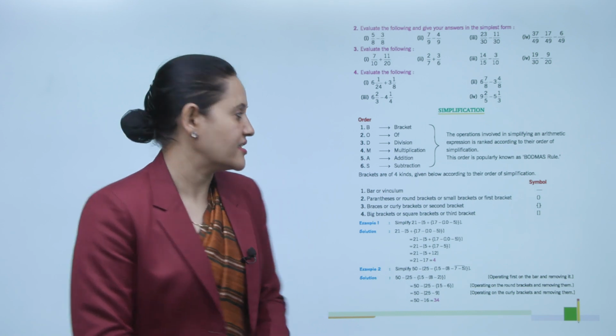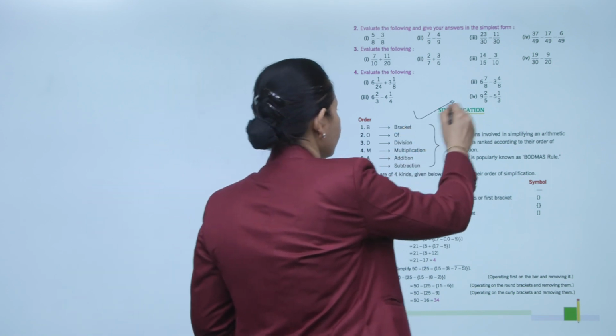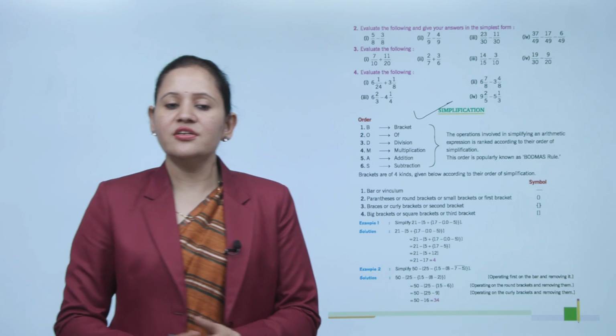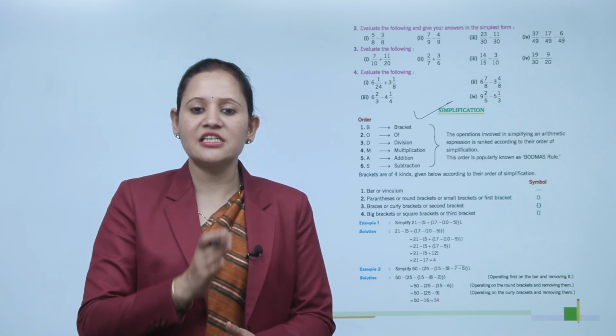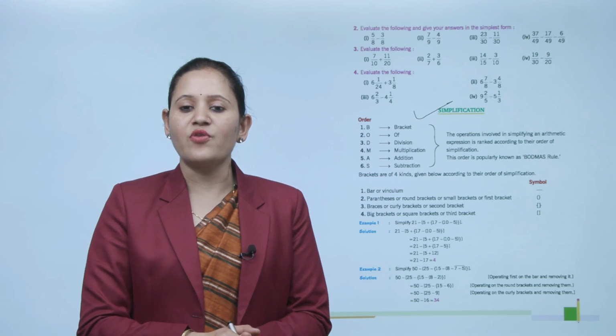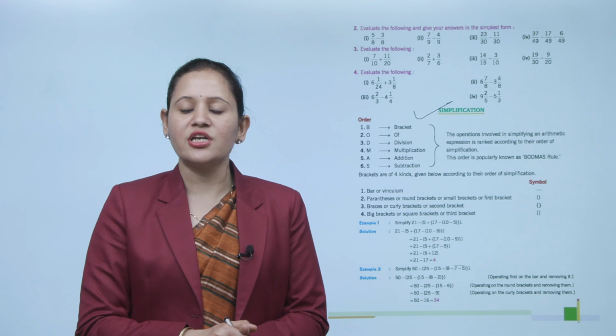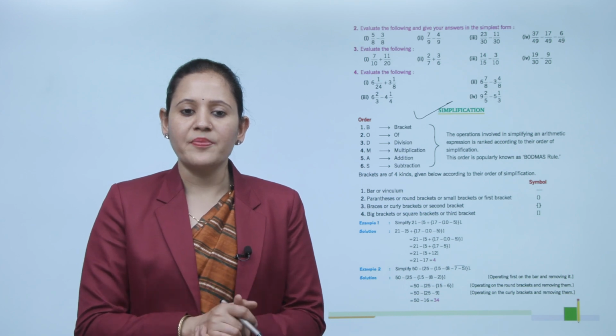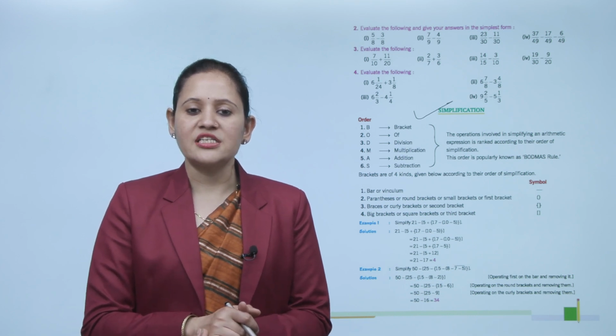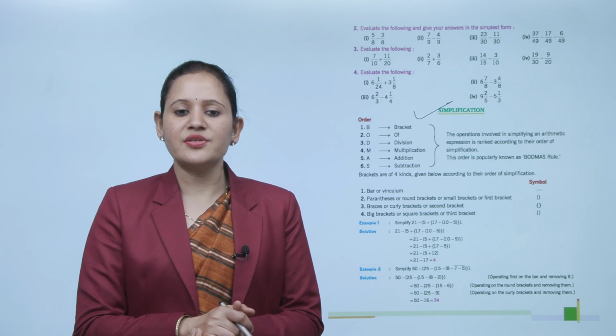Next is simplification. The order is: bracket, then of, then division, multiplication, addition and subtraction. The operations involved in simplifying an arithmetic expression are ranked according to the order of simplification. The order is popularly known as BODMAS rule. Brackets are of 4 kinds given below according to their order of simplification.